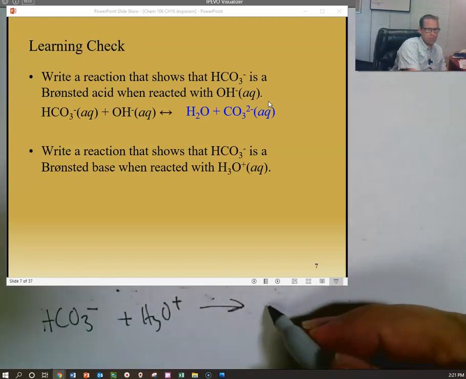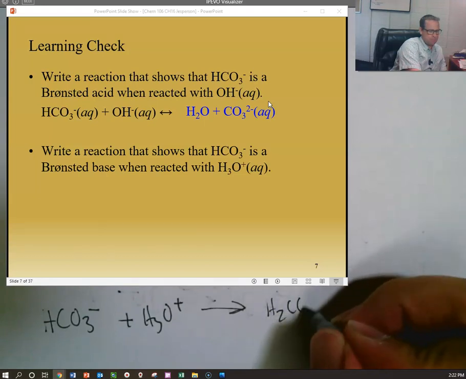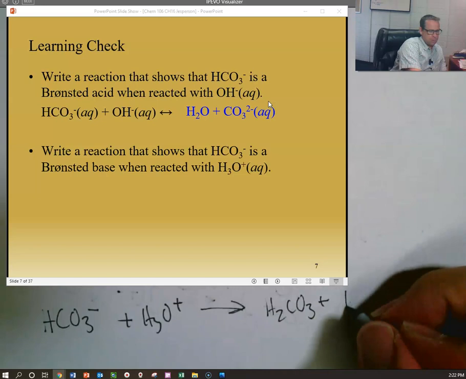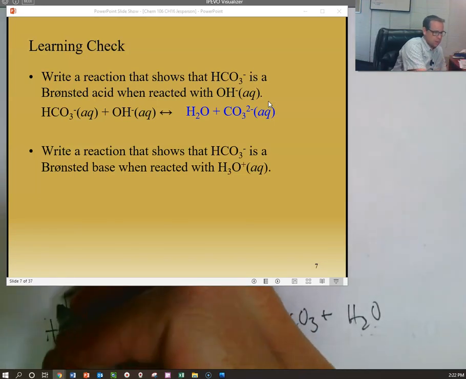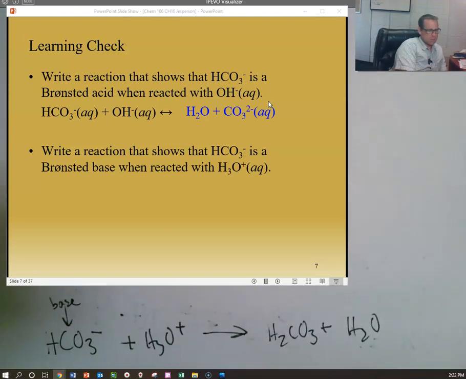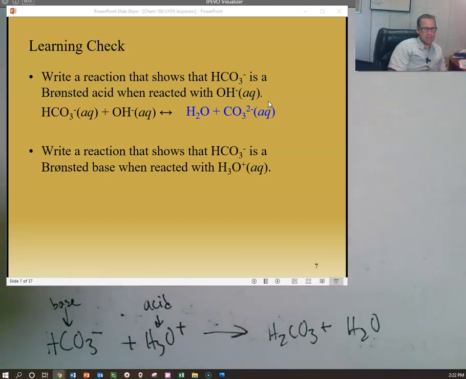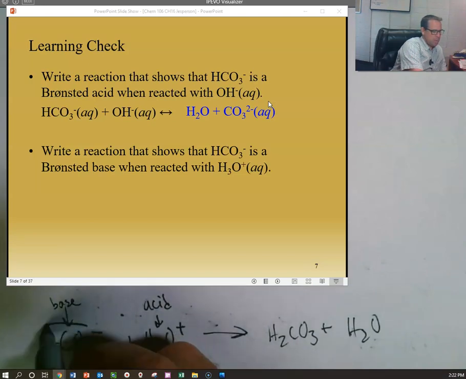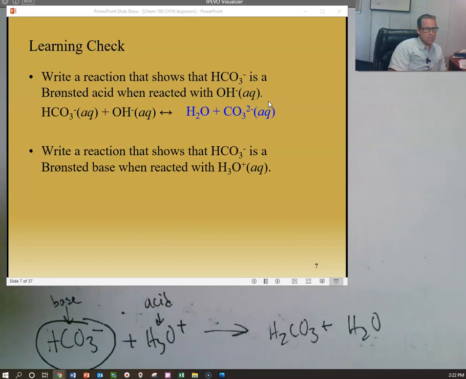It will become H2CO3 and water, H2O. Very good. Again, we were told that this time this compound was going to behave as a base, which means it's accepting the hydrogen, so the other one is behaving as the acid. Camille, if this is my base, what is its conjugate acid? Where is its conjugate acid?